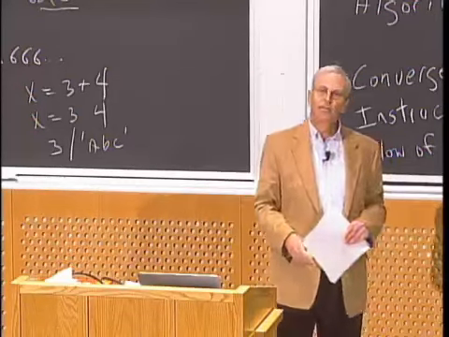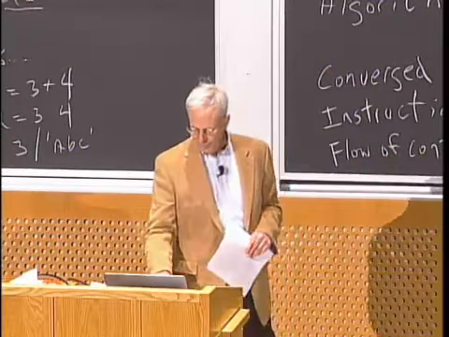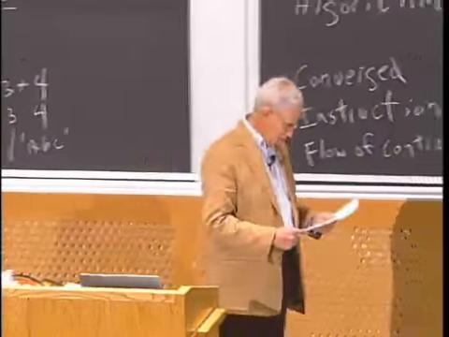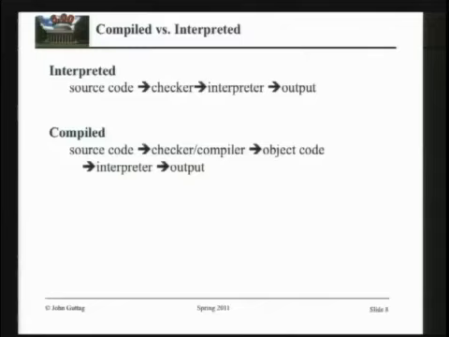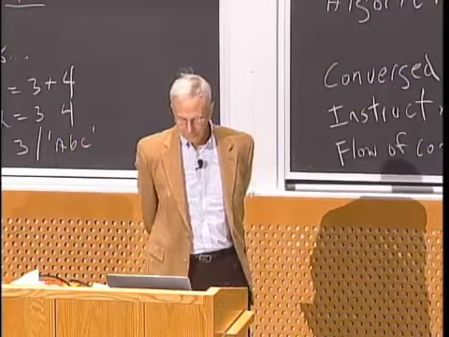It is easier to debug than most languages. And the reason it's easier to debug than most languages, or than many, is it's an interpreted language. So you'll remember I talked about a computer as an interpreter, something that you feed in a bunch of instructions, that's called the source code.